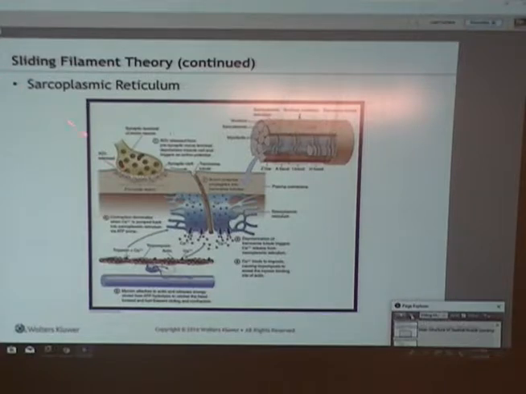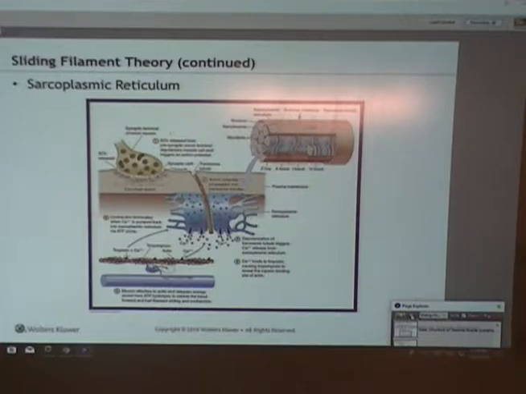While there's a signal coming down this nerve, this just keeps occurring. It attaches, it flicks, it unattaches, it cycles around, it attaches to the next one, it flicks, it cycles around, it attaches to the next one.